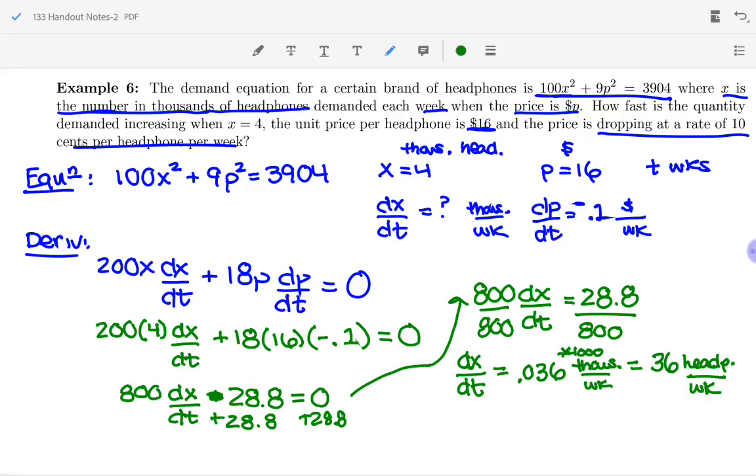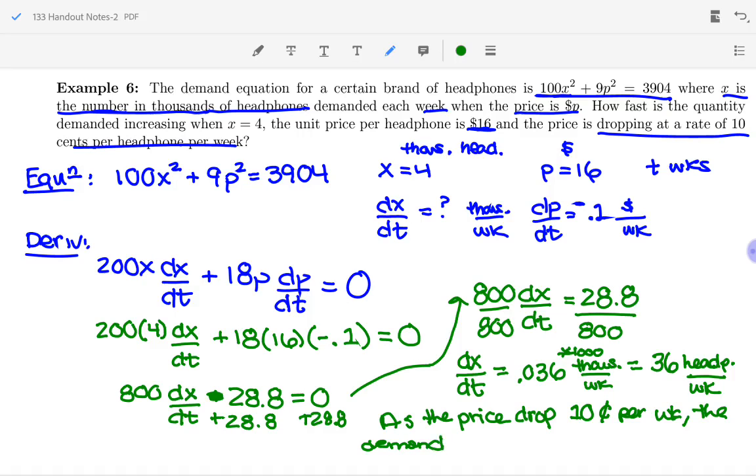So what's happening? We start out with what we know. The price is dropping. So as the price drops 10 cents per week, the demand does what? What did our derivative say?